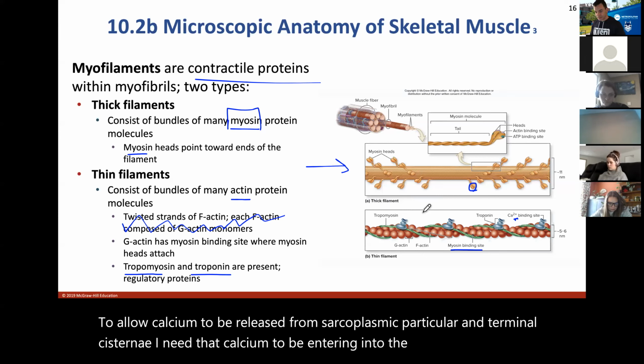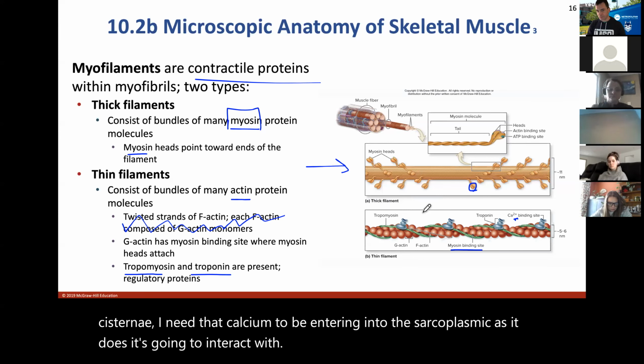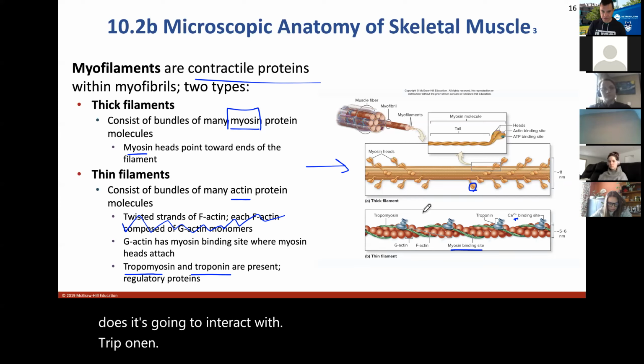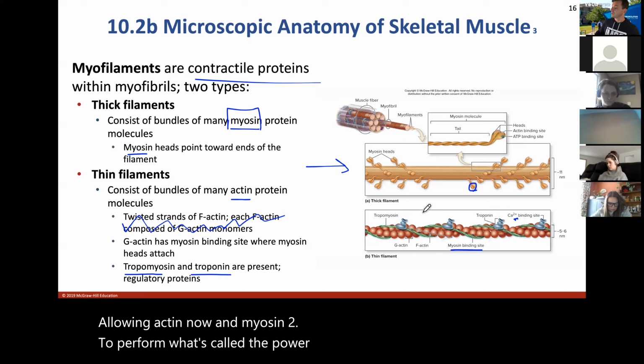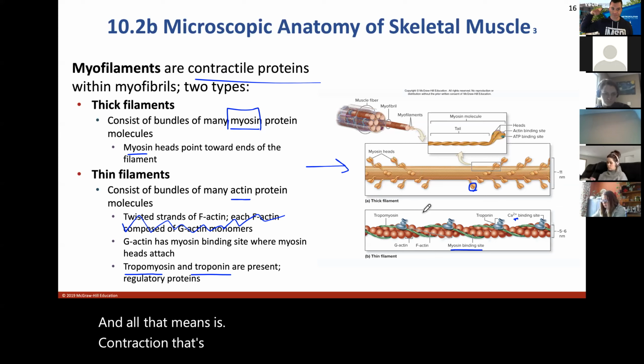As it does, it's going to interact with troponin, moving tropomyosin, allowing actin and myosin to interact to perform what's called the power stroke. Fancy. And all that means is contraction. That's it.